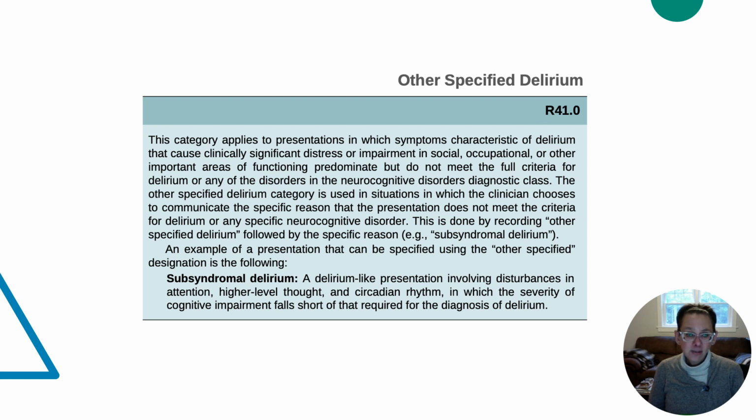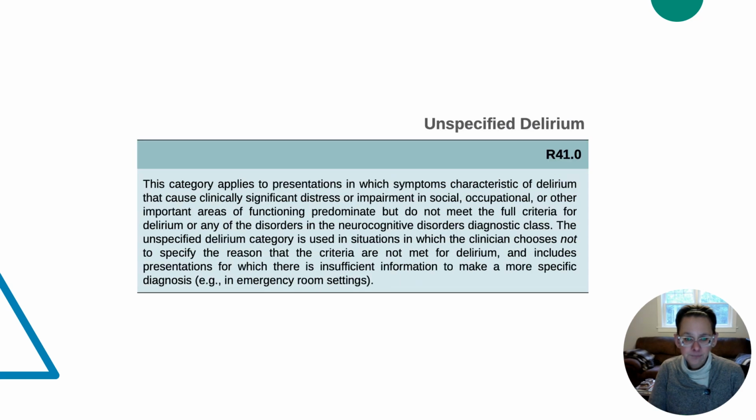So yeah, if they're not sleeping, they can get a little delirious. So just be aware of that. Unspecified, if you just don't want to specify, typically it's the ER giving that diagnosis.